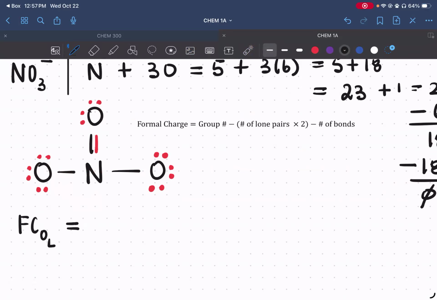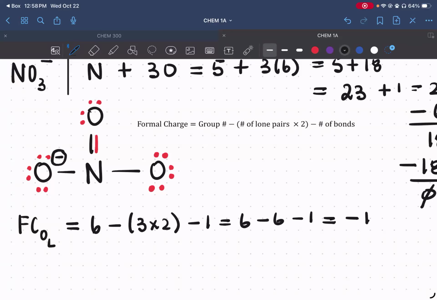The formal charge of the oxygen on the left, it has 6 valence electrons, 3 lone pairs, and 1 bond. This is 6 minus 1 for a total of -1. That's what tells us the oxygen on the left has the negative charge.